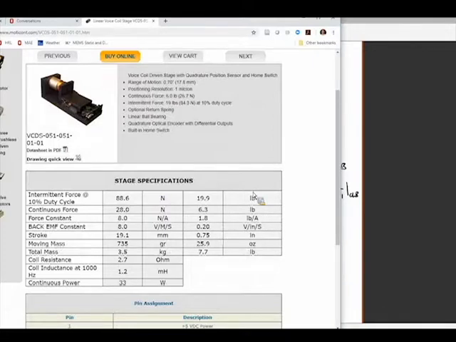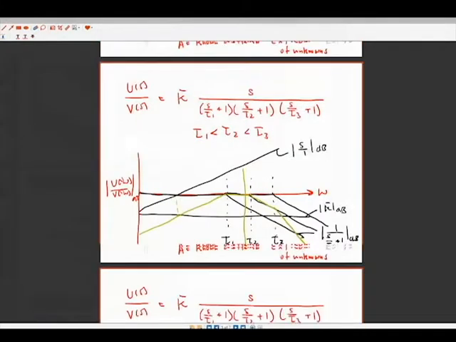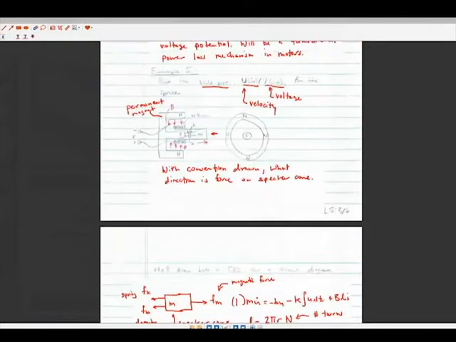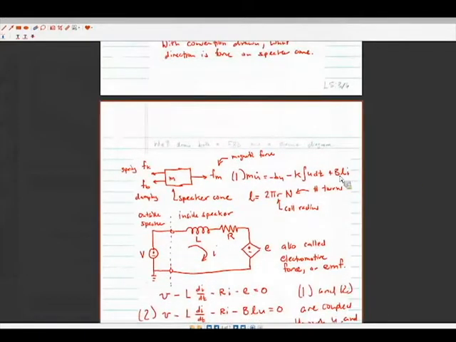So you have force constant. We didn't explicitly talk about a force constant, but we looked at this equation here, which is what is the force that we get from a motor, right? So the force constant would be BL, right?